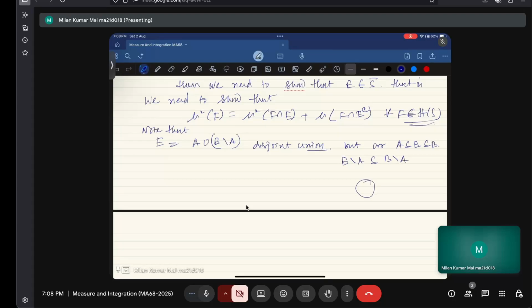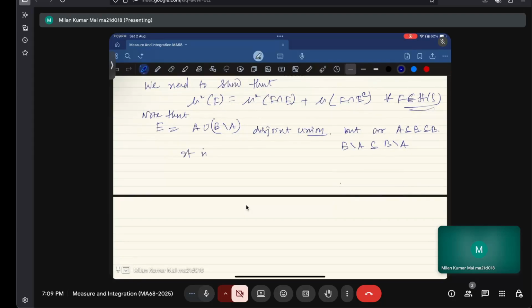Suppose this is A, this is E, and this is B. So E minus A is this region, and obviously B minus A is the full region. This is also clear from E being a subset of B.